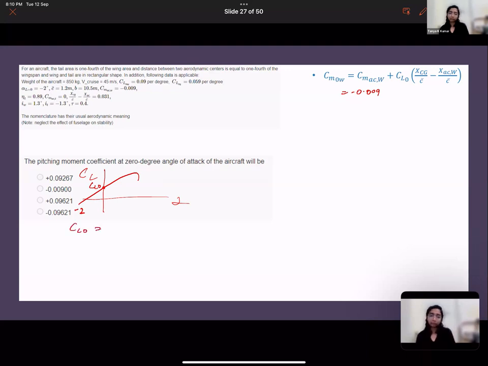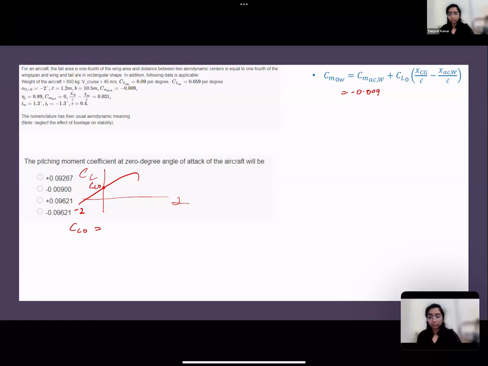CL naught equal to... how do you find out CL naught? From this graph, you just need the magnitude. So it's just 2 into Cl alpha. It's just that change, so it's basically 0 minus minus 2 into Cl alpha.